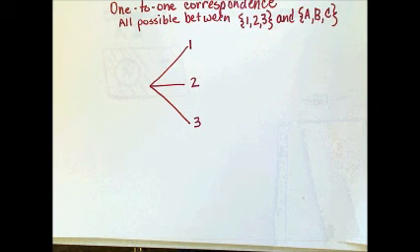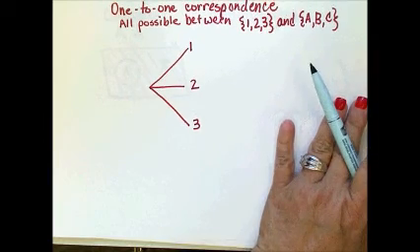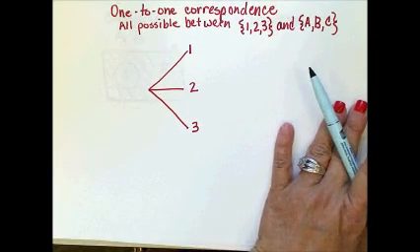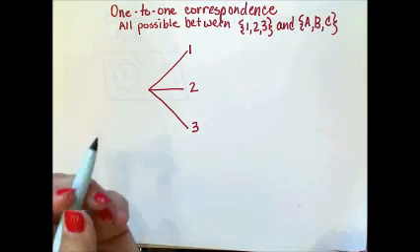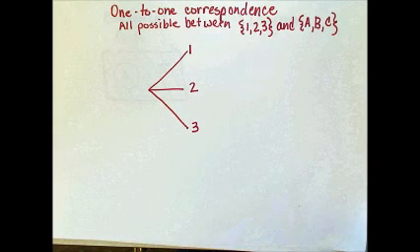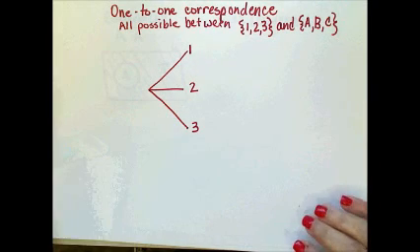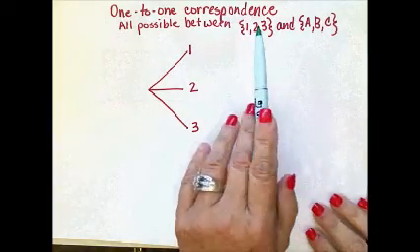Okay. Now, within sets, we can have something called a one-to-one correspondence. And sometimes it's valuable for us to identify all the possible one-to-one correspondences between these particular two sets.